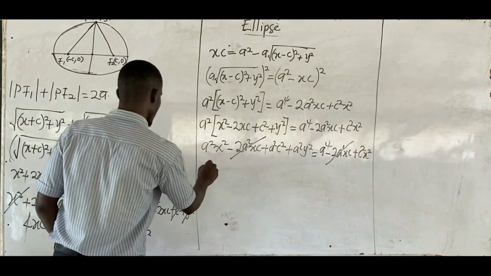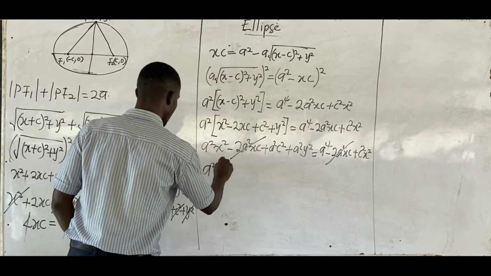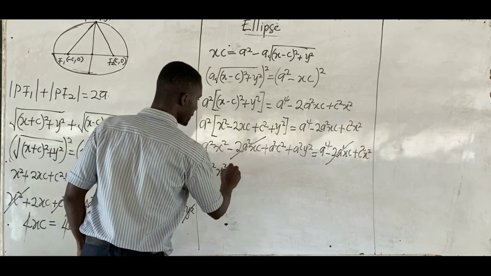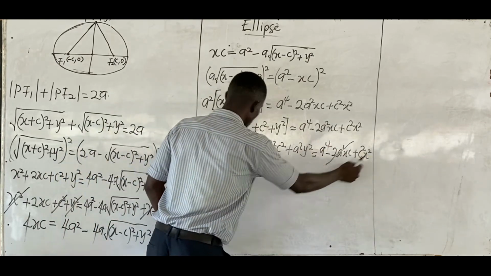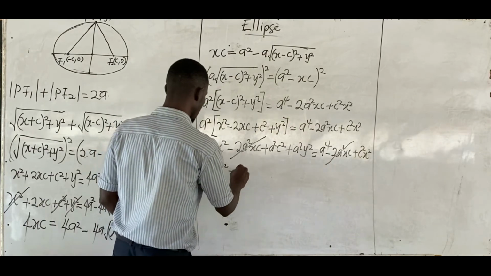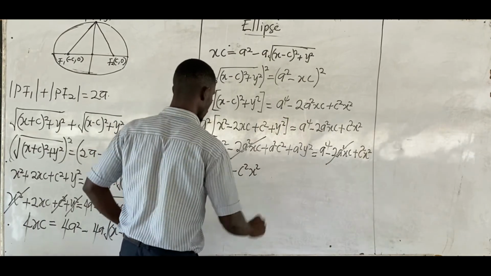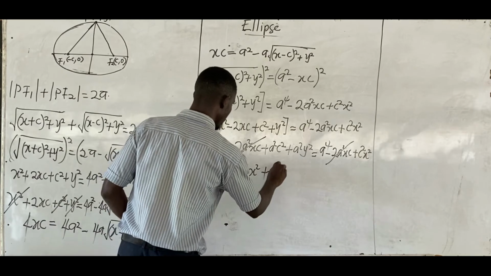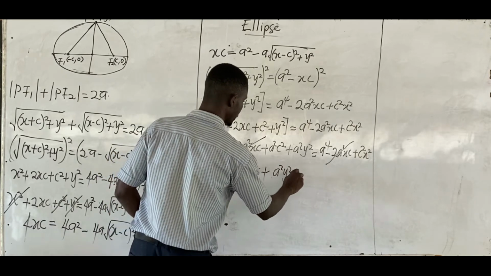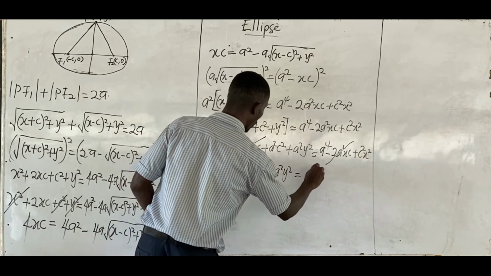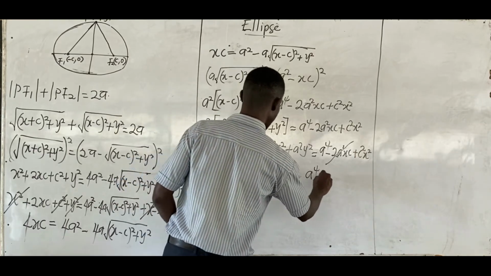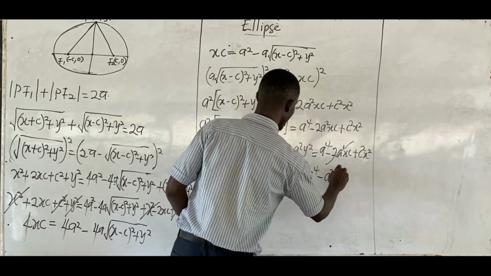We have a squared x squared minus c squared x squared plus a squared y squared, which is equal to a to the power 4 minus a squared c squared. Good.